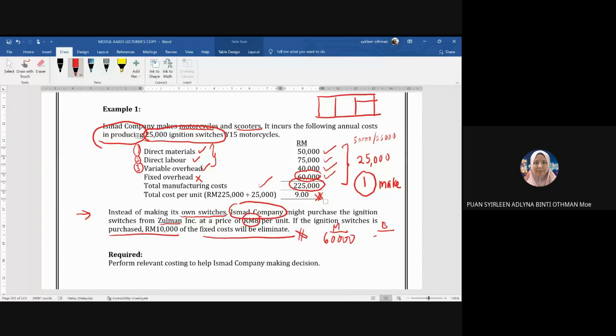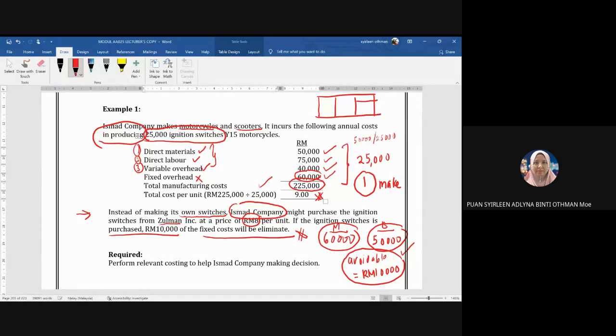So, you hanya perlu tanggung RM50,000 beza tadi. Okay, so cost kamu actually RM60,000 ni ialah unavoidable, tak boleh dielakkan kan. Tapi dia bagi tahu kalau kita buy, kita hanya bayar RM50,000. That means you have avoidable cost with the amount of RM10,000.